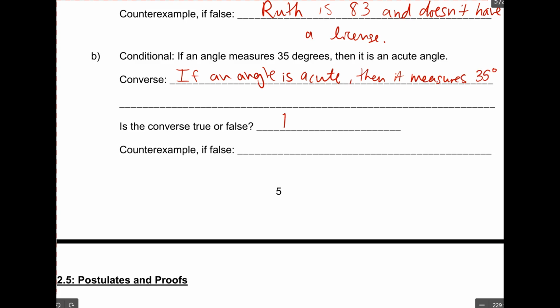Is that true or false? False. What's our counterexample? How about this one? This angle is 64 degrees, but it is acute. Perfect. All right.